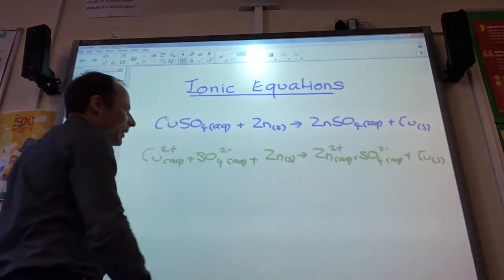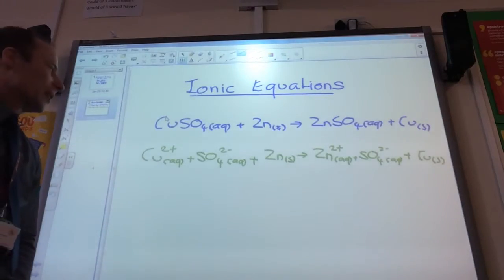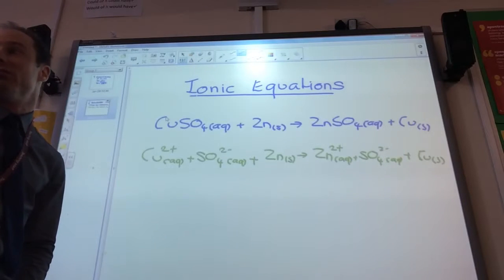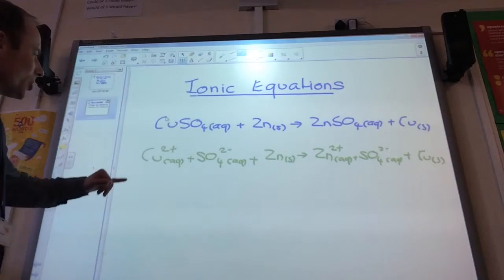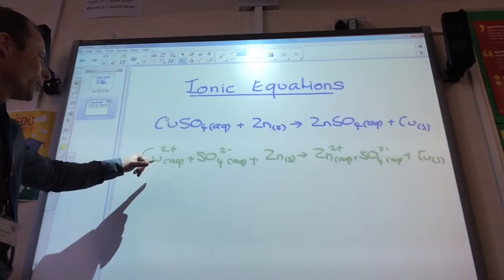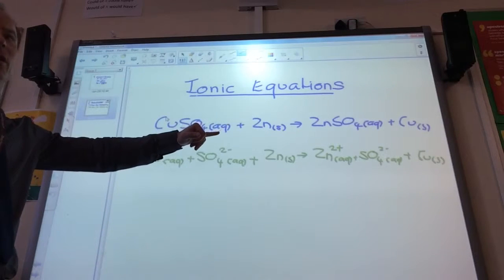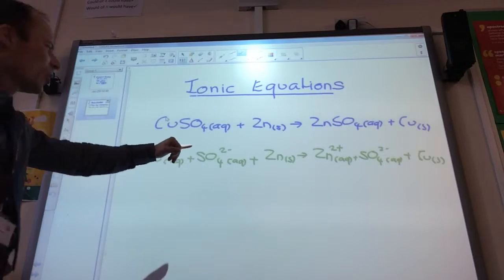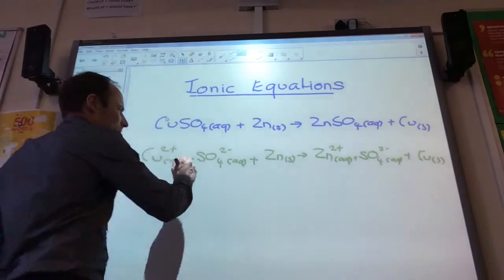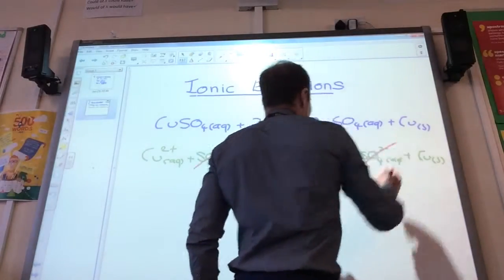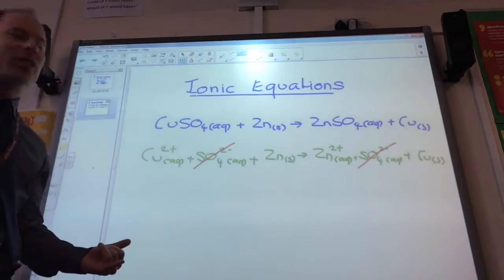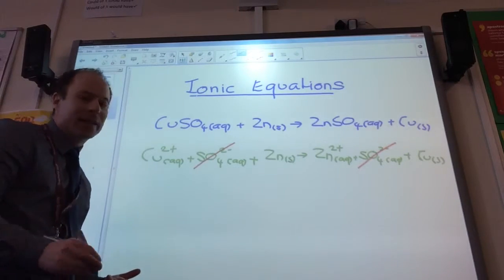And then the fun bit comes, where you just cross out the ions that haven't got involved. So has copper changed? It's gone from Cu2+ to copper solid. Yep, it's changed. Has sulfate changed? No, so I can cross it out. But zinc has changed. It's gone from Zn solid to Zn2+.